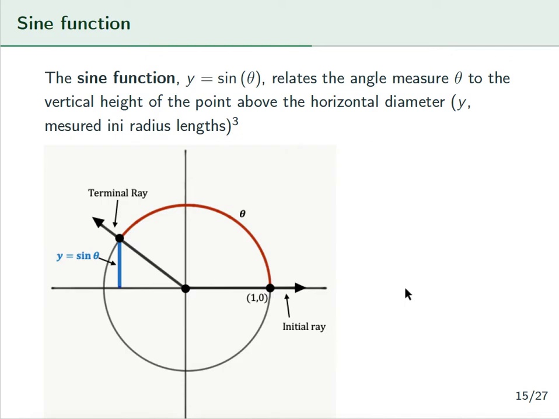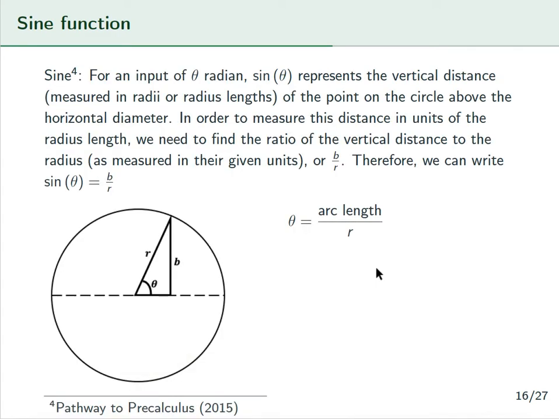So let's look in more detail at the definition of the sine function. For an input of theta radians, again, the input is a varying angle measure. Sine theta represents the vertical distance, measured in radii or radius length, of a point on the circle above the horizontal diameter.